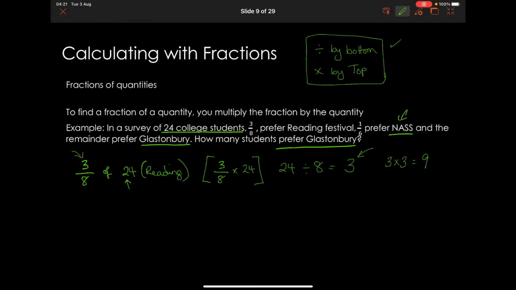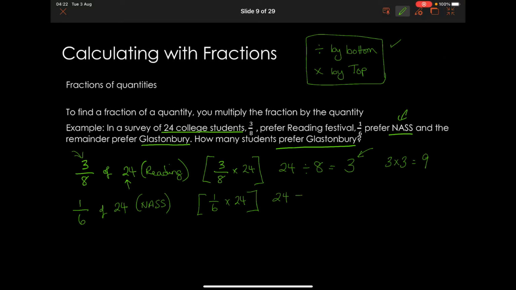Next, I've got to look at the Nass festival. It sounds like something from a film. And it says that 1/6 of the 24 students preferred that festival. So again, that means 1/6 times 24, but 1/6 times 24 just means 24 split into 6 pieces.